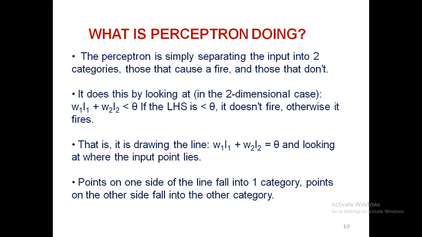Based on the input values, a few points will lie on one side of the line and a few points will lie on the other side. So inputs on one side of the line will fire the neuron, and inputs on the other side do not fire the neuron.